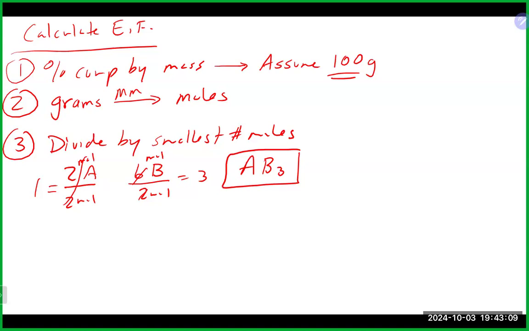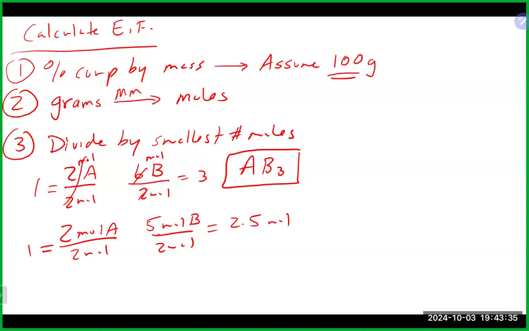We got nice whole numbers in that case. As we also talked about, you don't always get whole numbers. If we had 2 moles of A after step number 2 and 5 moles of B, and we divided each by 2 moles, that gives us 1 there and 2.5 moles for B. In that case, that would give us an empirical formula of AB2.5.